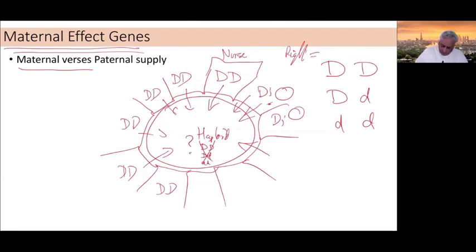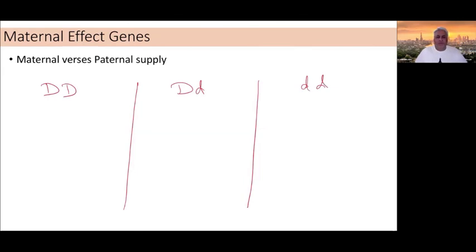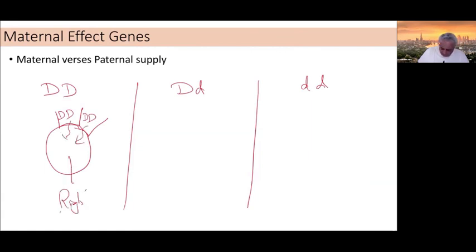So let's put down all the examples. So let's get rid of this and let's put it into 3 columns, right? Okay. So here the mother's genotype is homozygous dominant. Here the mother's genotype is heterozygous. And here the mother's genotype is homozygous recessive. So in this case, we just put a couple of nurse cells in, right? So here the nurse cells are big D, and they will release a chemical that will cause that to have a right-handed shell, right?